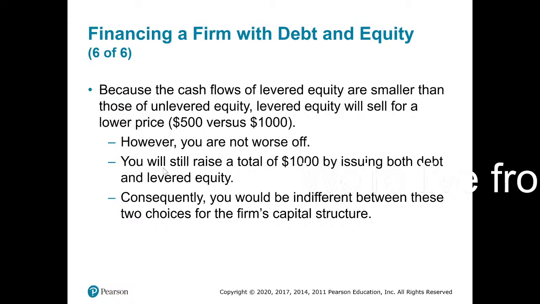In this case, you still raised 1,000 by issuing debt and equity. If you don't use debt, you raise 1,000. If you use debt, you raise 1,000 as well. So you should be indifferent between these two choices, because either way it's 1,000.